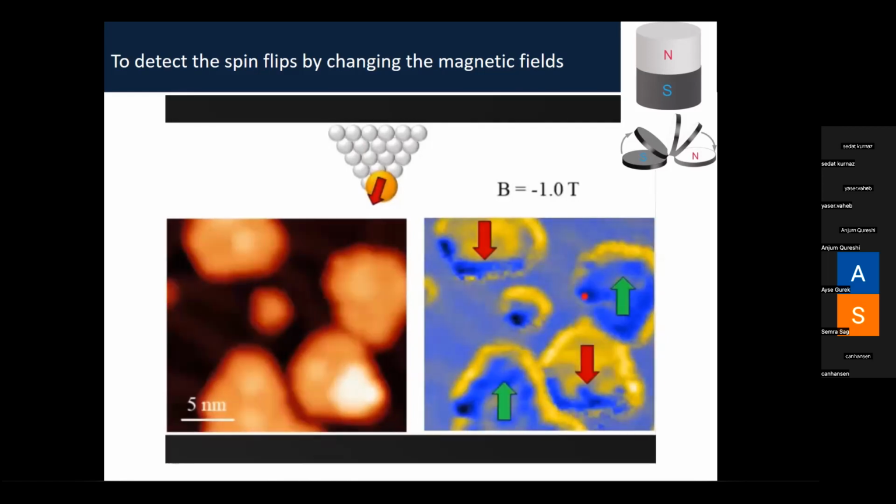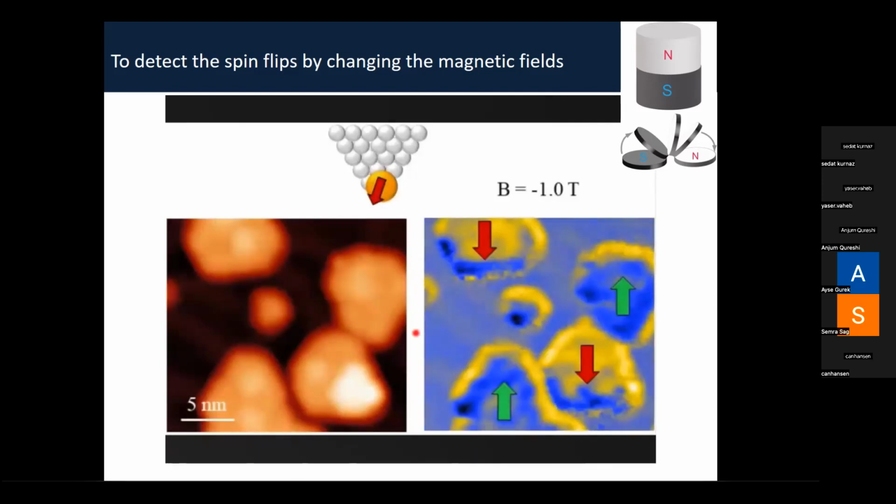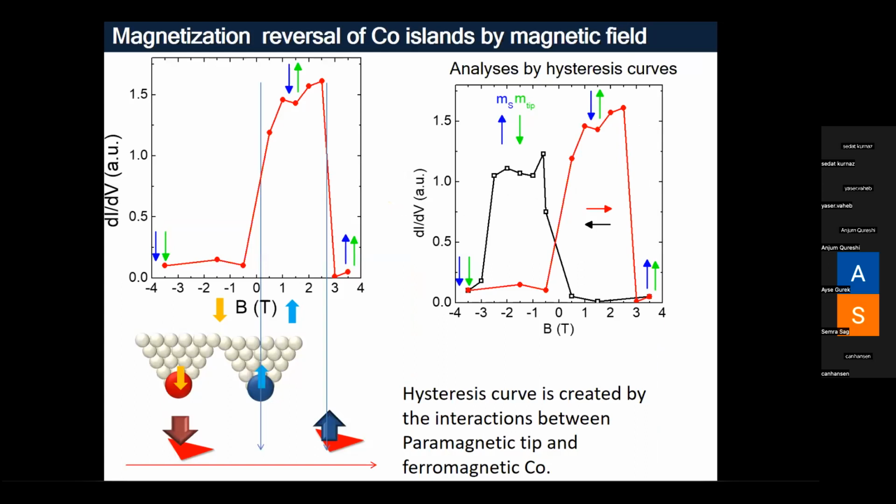He puts information 0, 1 in the classical magnet. Color change. You can see now spin up, spin down by color change. So this is a classical magnet, bulk magnet. In this case, we show spin down, down, down, up, like this, and up, down, down, down.